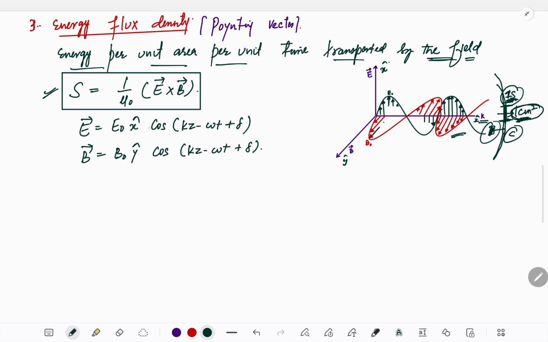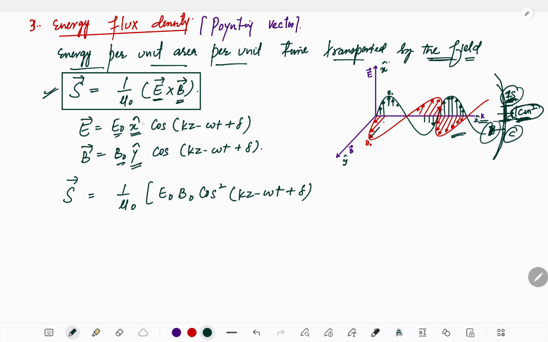Now if you substitute E naught and B naught here, the Poynting vector S will give us 1 over mu 0, E naught, B naught, and cos square of kz minus omega t plus delta.